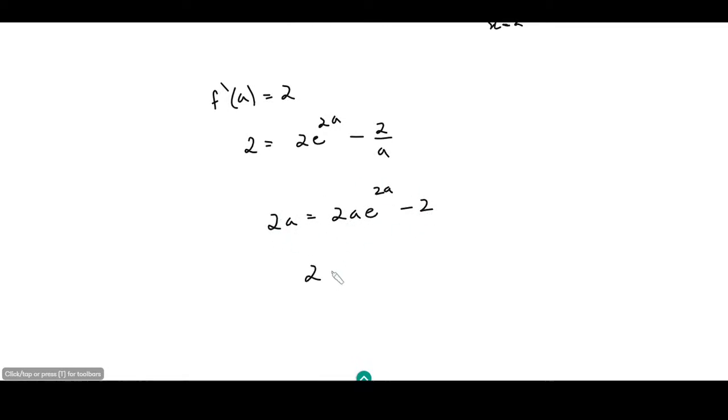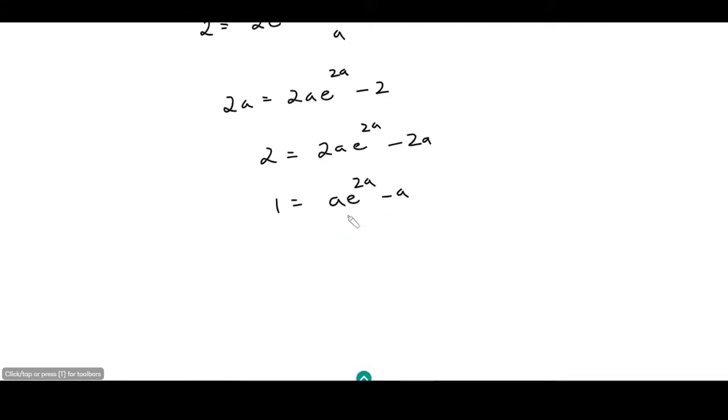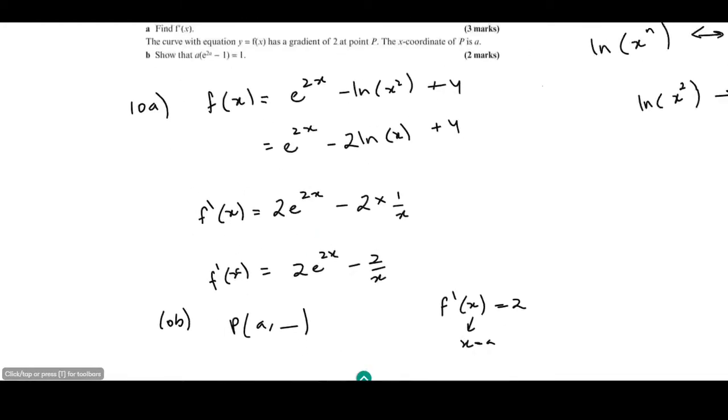So what I get is 2 equals 2a e to the 2a minus 2a. Dividing the entire equation by 2, I get 1 equals a e to the 2a minus a. And I can factorize out an a on this side, so I have 1 equals a times (e to the 2a minus 1). That's what they wanted.